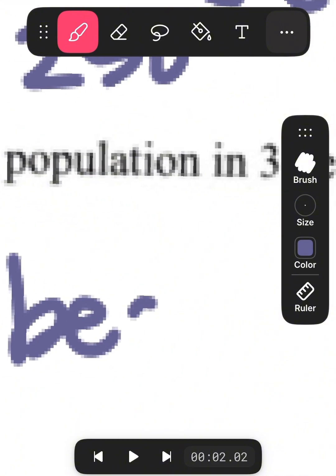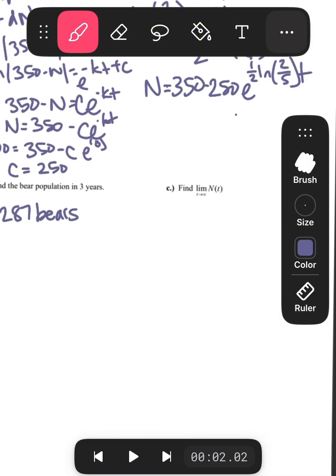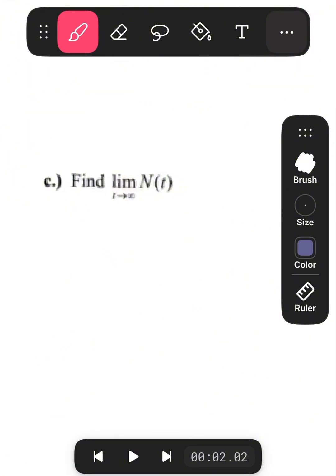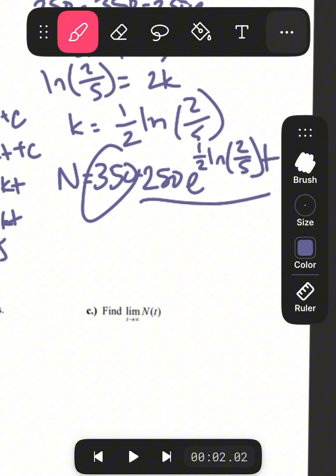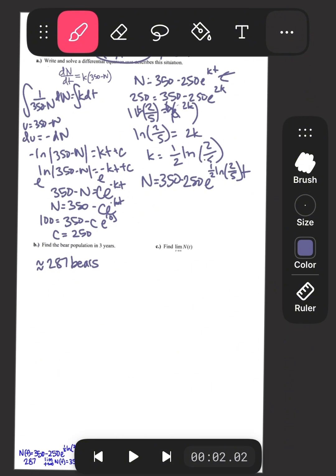Find the limit as t approaches infinity of N of t. You might notice that because we're subtracting all of this from 350, the maximum number of bears that we're going to have is that 350 number.